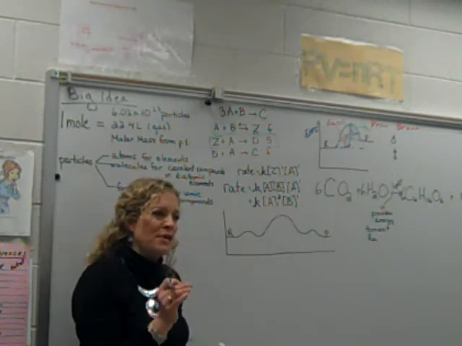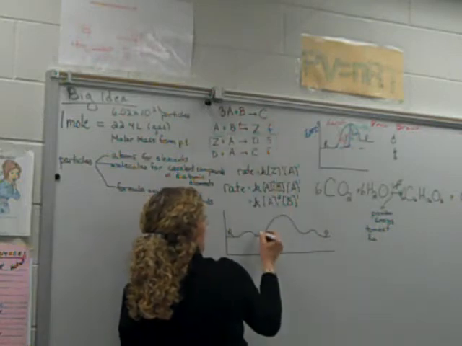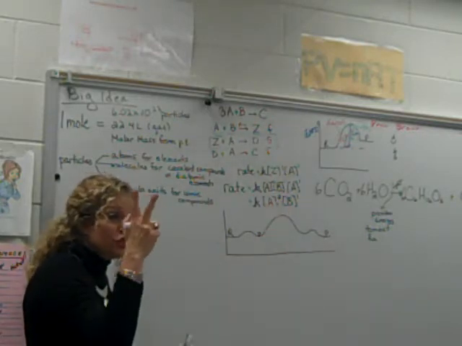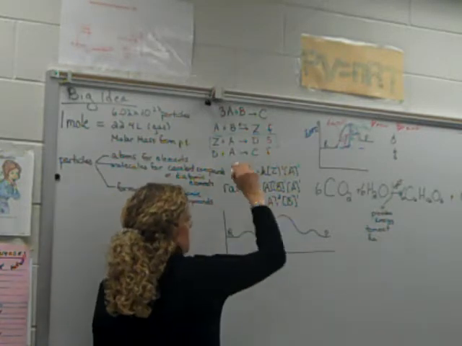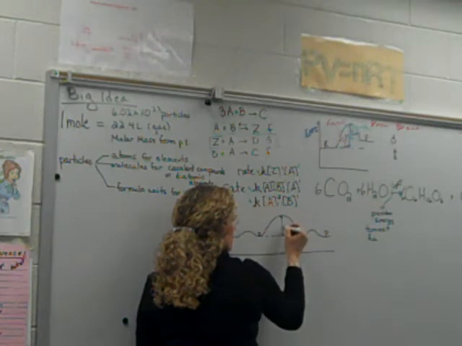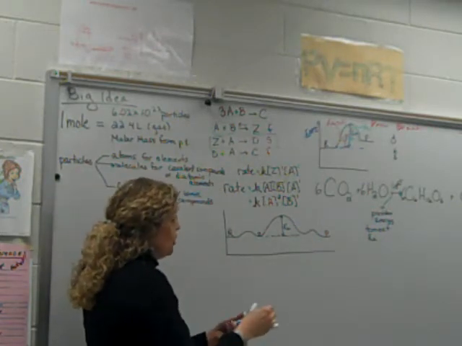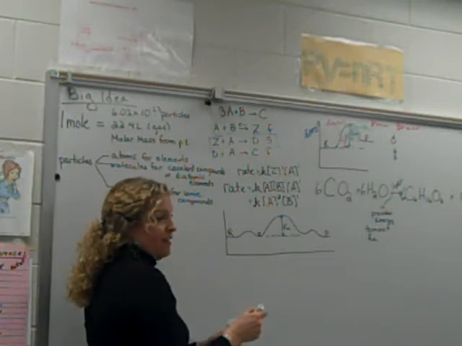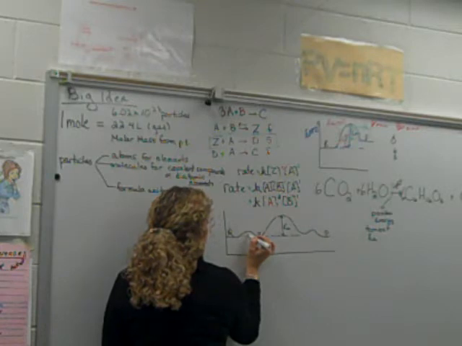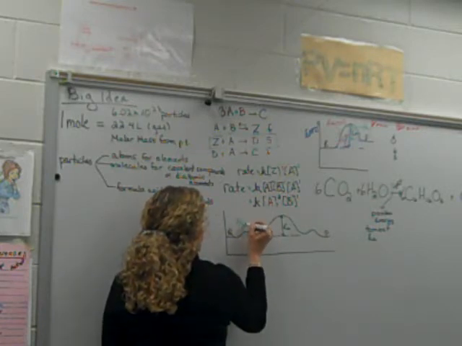So I want you guys to think about this. Okay? If after the first step we form this Z intermediate, Z has 2 choices. It can either keep going forward, which requires this much energy, or what else could it do? It could go backwards. Thanks, Frank. And the backwards only takes this much energy.